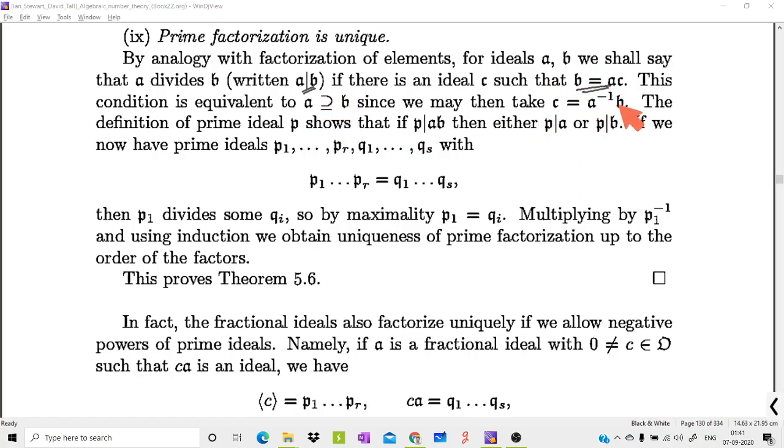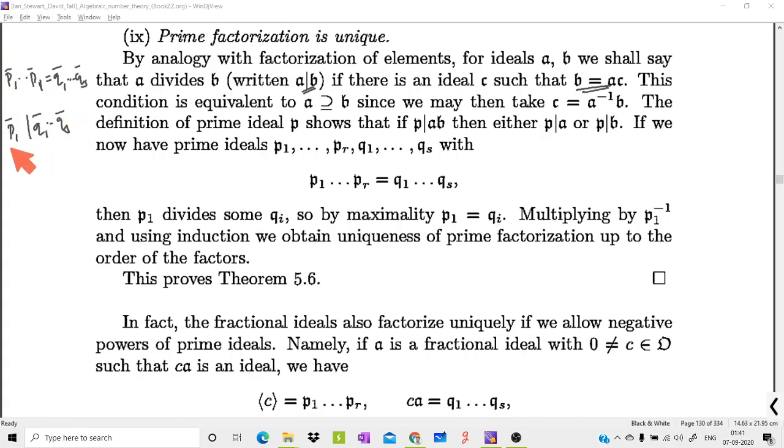If we take C equal to A inverse B, then suppose we have two factorizations, P1, P2, etc. PR equal to Q1, etc. QS, for a particular non-zero ideal. Then P1 is a prime ideal, and P1 divides the product Q1, etc. QS.